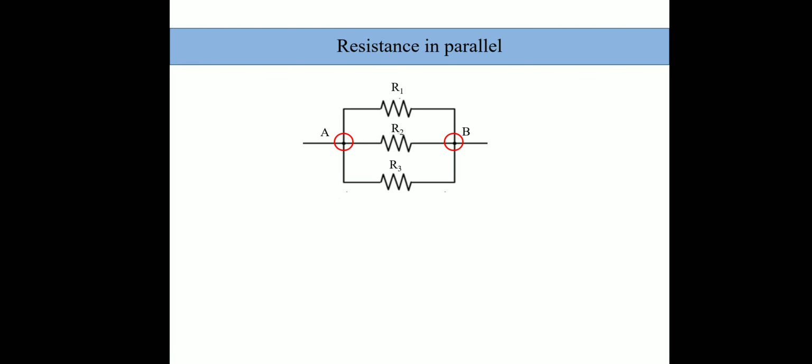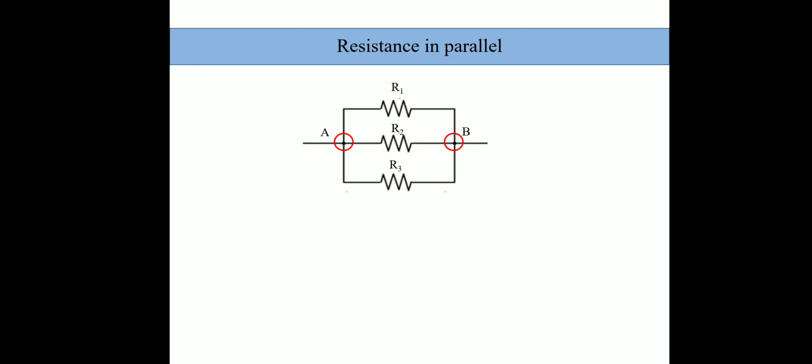Parallel means side by side, as you can see, they are connected side by side. So remember, if one side of all the resistances is connected to one point, and the other side of all the resistances is connected to another point, then we call them to be in parallel.